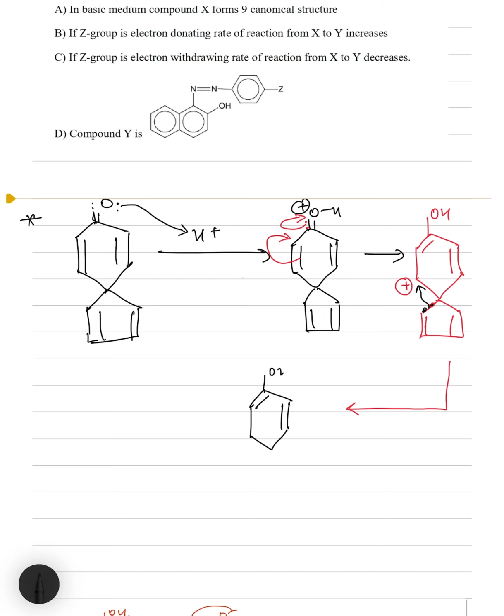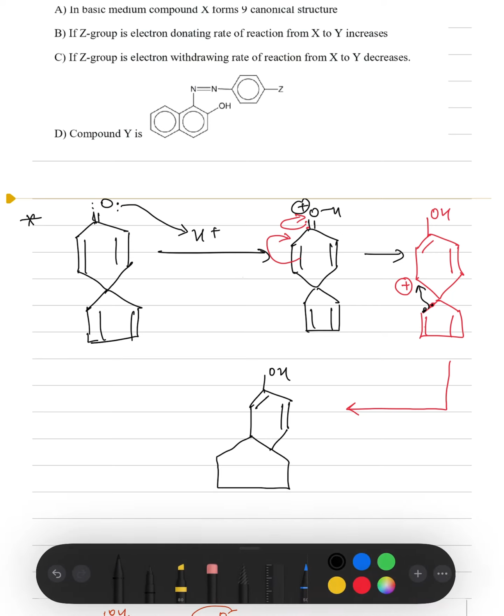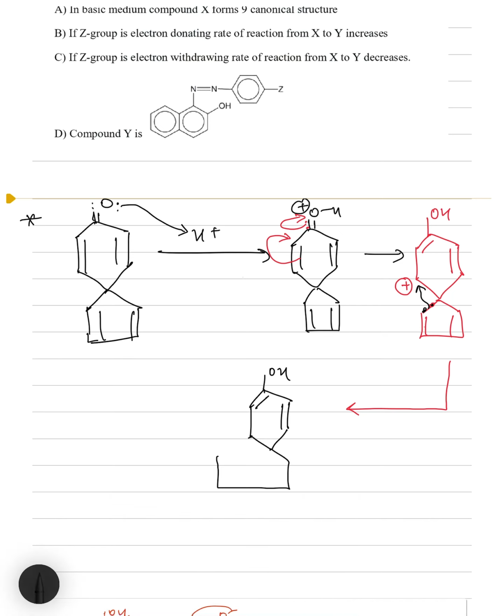Here comes the OH, and the rearranged product will be something like this. It will be this, it goes here, and instead of joining here, it will go here. Now, if you look here, the positive charge will come at this carbon.